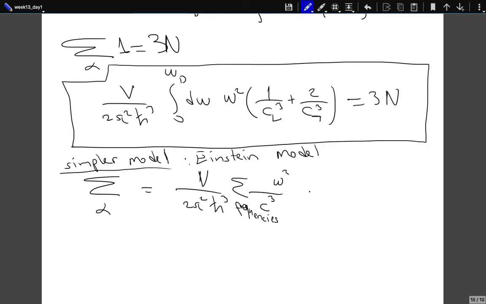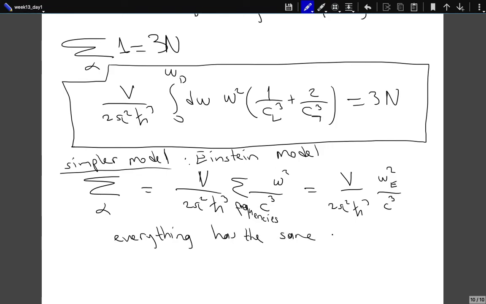Well, Einstein said that, okay, let's just assume that everything has the same frequency. Well, the first approximation would be this. So you have a sum over the frequencies, everything has the same frequency. So great, you are done. You know everything about your system.